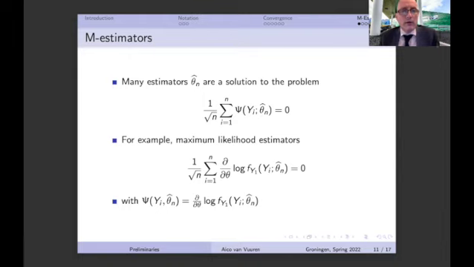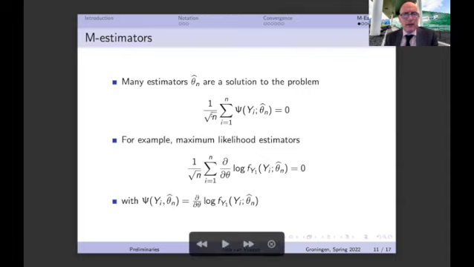I would like to go on with a next topic, and that's the topic of M-estimators. What we should realize is that in many situations in econometrics, we are looking for an estimator that I here denote by theta hat n, that's actually nothing else than a solution to this root problem that we have over here.